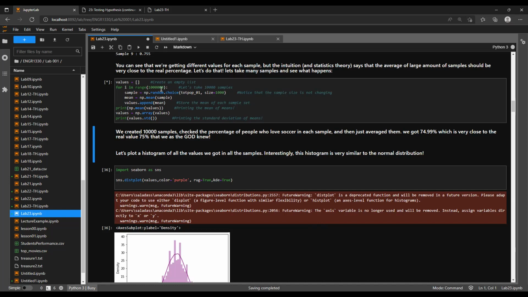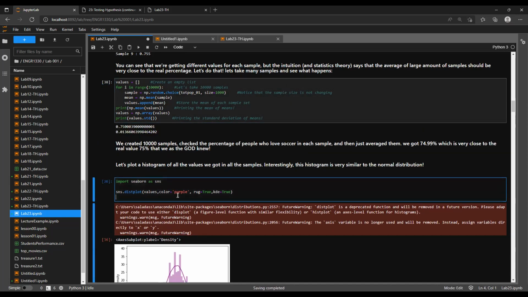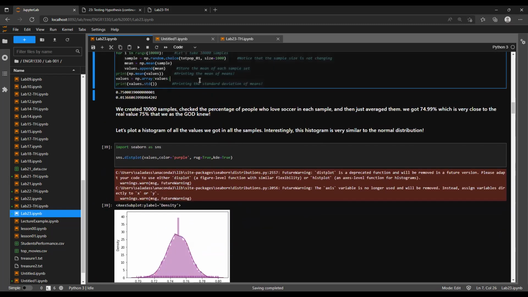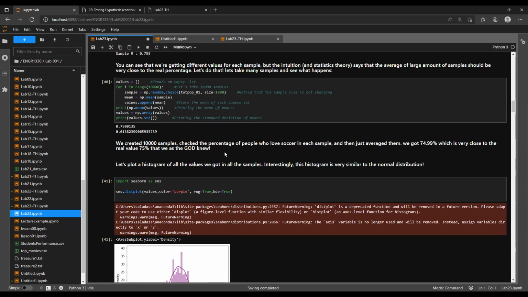Maybe I added another one when I wasn't looking. All right, I'm going to take one out. The one we started with was 10,000. So let's do that. Okay, there we go. I can run it again. And again.